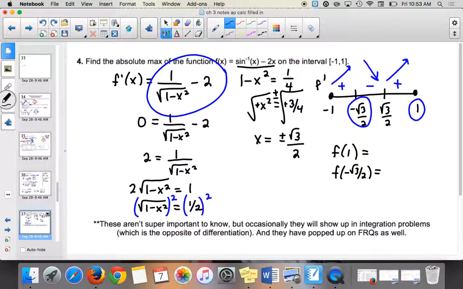So we'll just go ahead and do it on our calculator. So we're going to do inverse sine of 1 minus 2. Make sure you're in radian mode. You should get negative 0.429. And then inverse sine of negative root 3 over 2 minus 2, or minus 2 times negative root 3 over 2, actually.